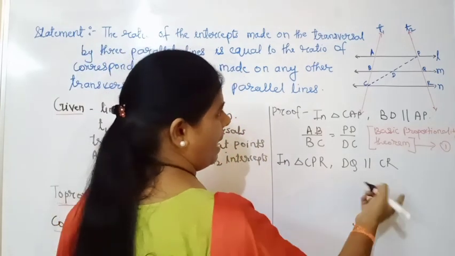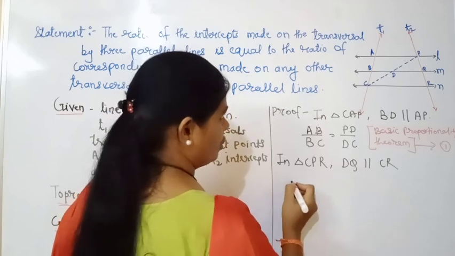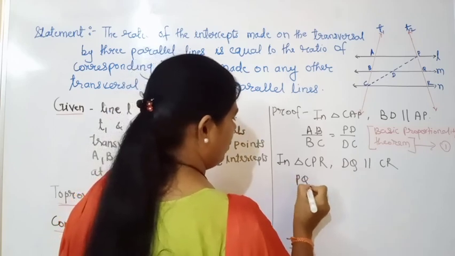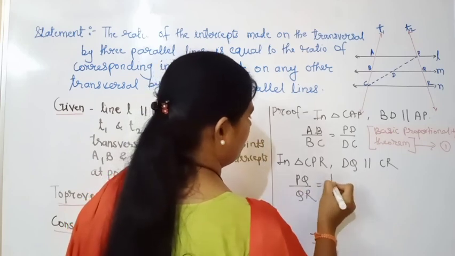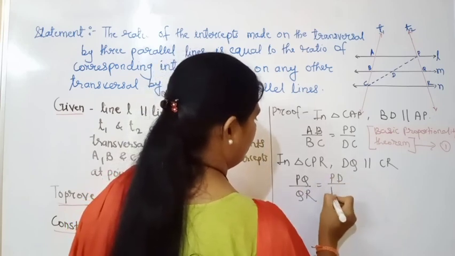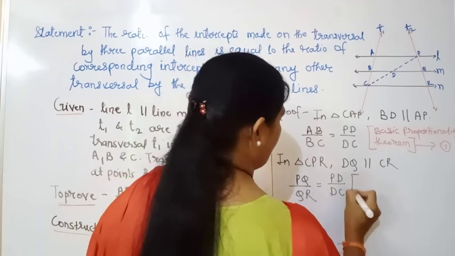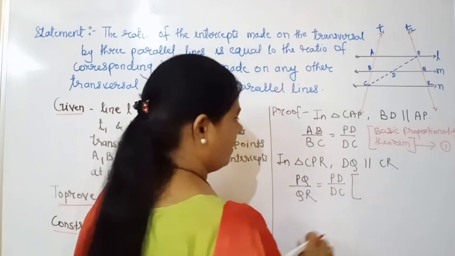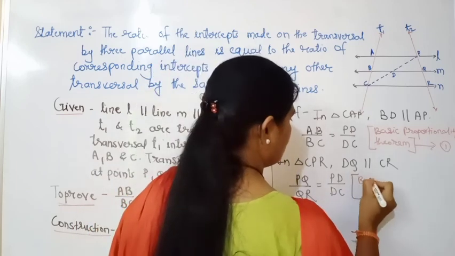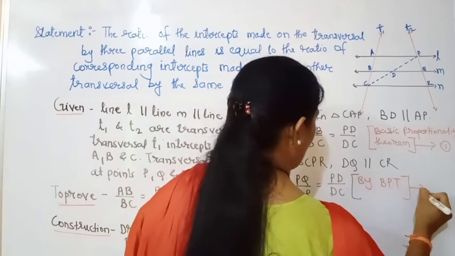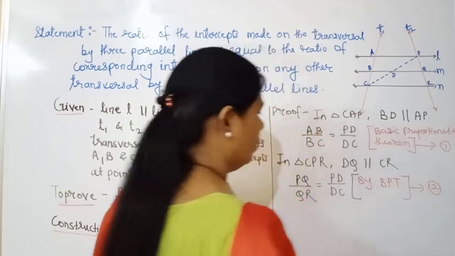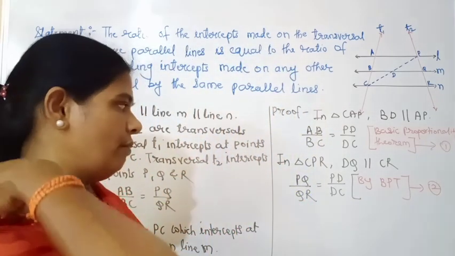Now as they are parallel, we can write the ratio, that is PQ upon QR is equal to PD upon DC. We can write the same reason, that is by BPT, the basic proportionality theorem, and I'll give this the number 2. So we have finished this.